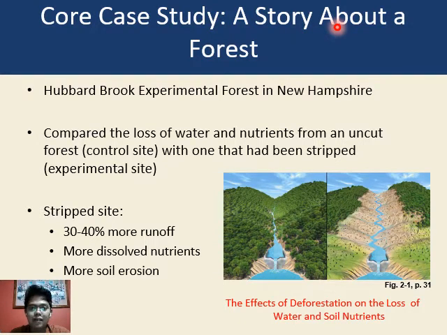While the stripped site shows 30 to 40% more runoff, meaning water is not really stored much here when compared to the control site. The runoff is 30 to 40% more, with more dissolved nutrients.